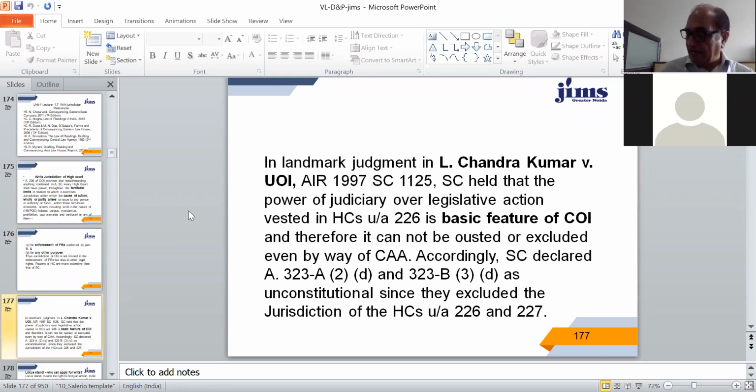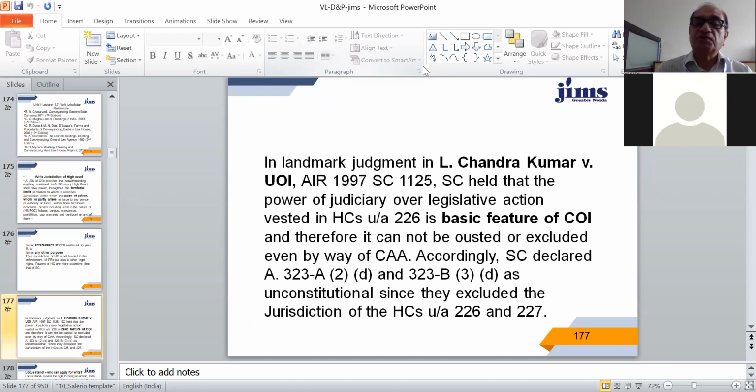In this connection, we have a landmark judgment, Chandra Kumar versus Union of India, decided in 1997 by the Supreme Court, wherein it was held that the power of judicial review over legislative action vested in High Courts under Article 226 is a basic feature of the Constitution of India, and therefore it cannot be ousted or excluded even by way of a Constitutional Amendment Act.